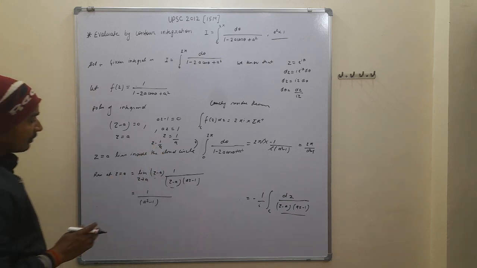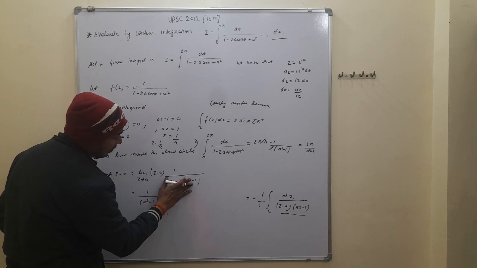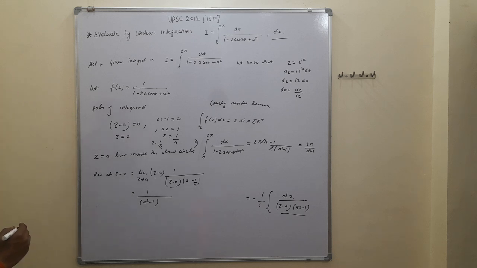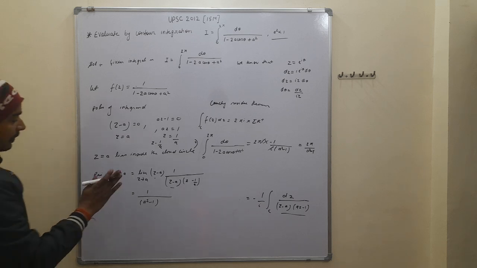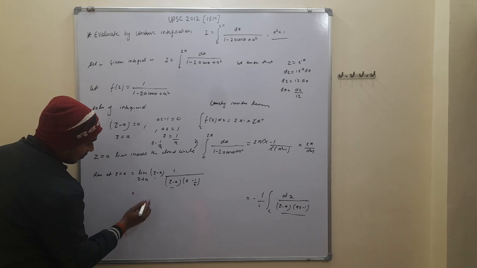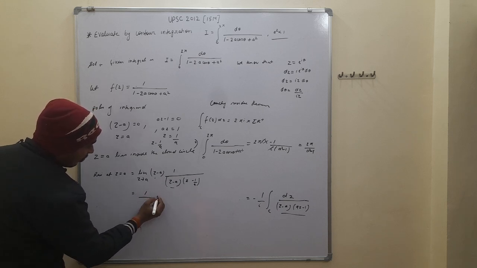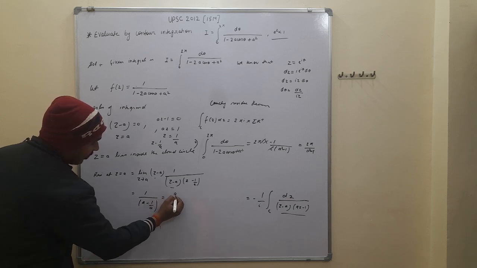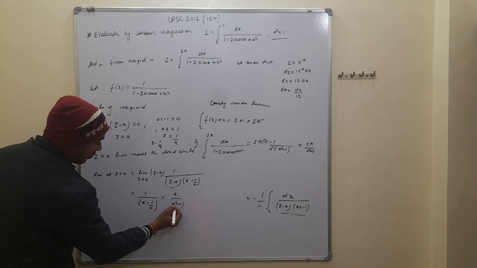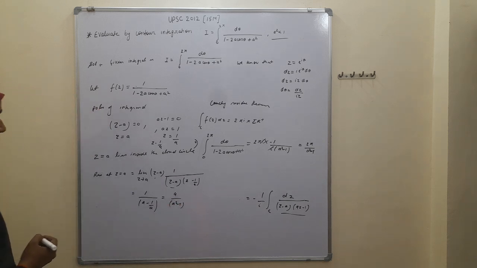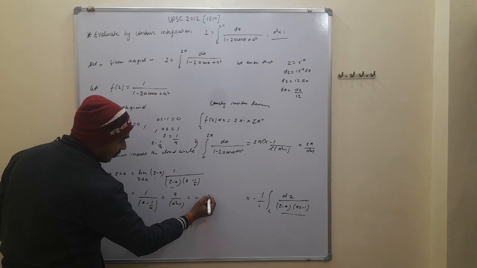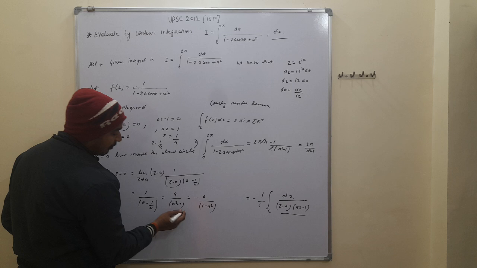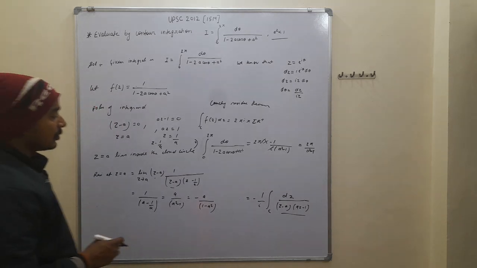So when we have to find simple poles, we can also write here z minus 1 by a, z minus 1 by a, and then we have to put here 1 upon, in place of z putting a minus 1 by a, this is given by a upon a square minus 1, and we can also write this as minus a upon 1 minus a square. We have to take a minus from the denominator common.